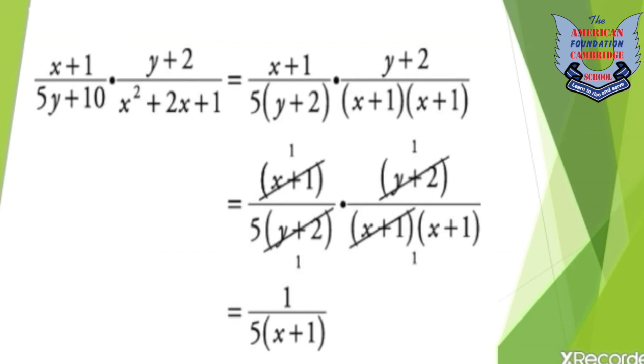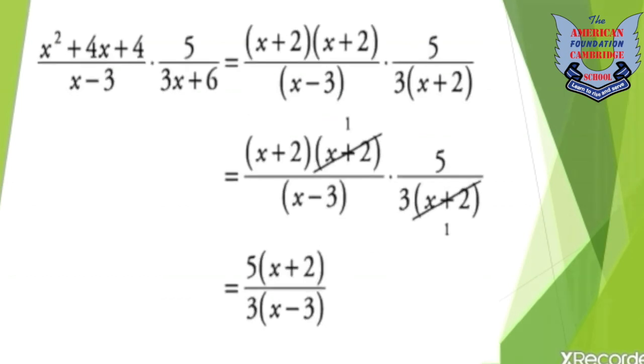From the denominator of the first fraction, extract the common factor 5 and you will have (y + 2) inside the bracket. The denominator of the second fraction can be factorized by splitting its middle term. You can do this factorization separately somewhere. The result will be (x + 1) into (x + 1). After that, carry out the cancellation process. (x + 1) and (y + 2) both will be cancelled. Your answer is 1 upon 5 into (x + 1).